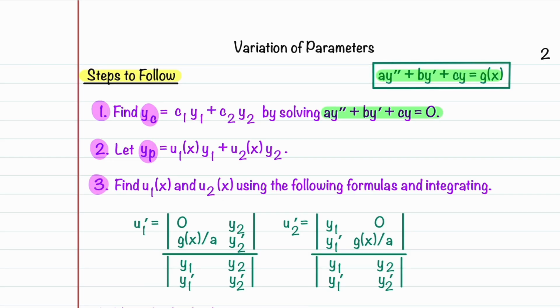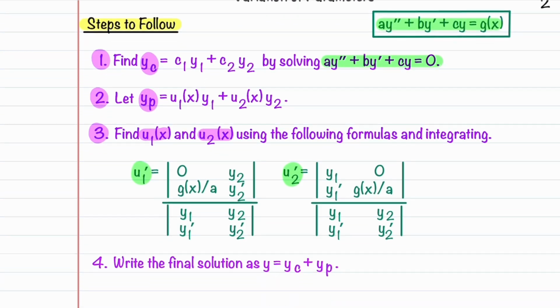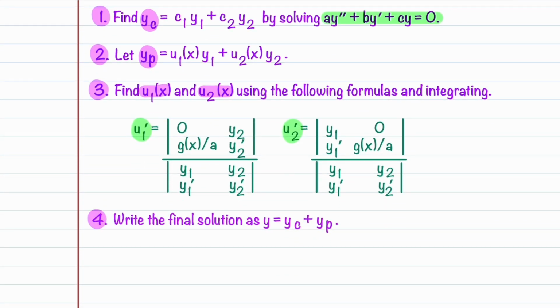Step 3 is to find u1 and u2 using these formulas that I've written down right here. We have a formula for u1 prime and u2 prime, and then you can find u1 and u2 by integrating. The last step is to just pull everything together and write the final solution as y is equal to yc plus yp.